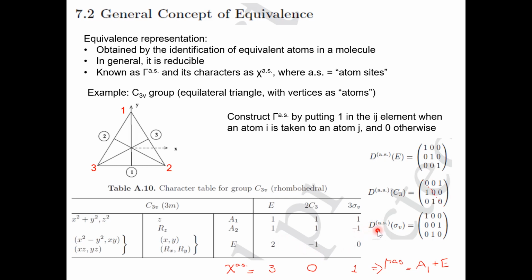I did that in chapter 4 using, if you remember, the projection operators. So I'm here doing a similar thing in a much simpler way, because I don't know yet what the linear combinations are, but I know precisely that I can only get A1 and E as the irreducible representations for this linear combination of s orbitals.